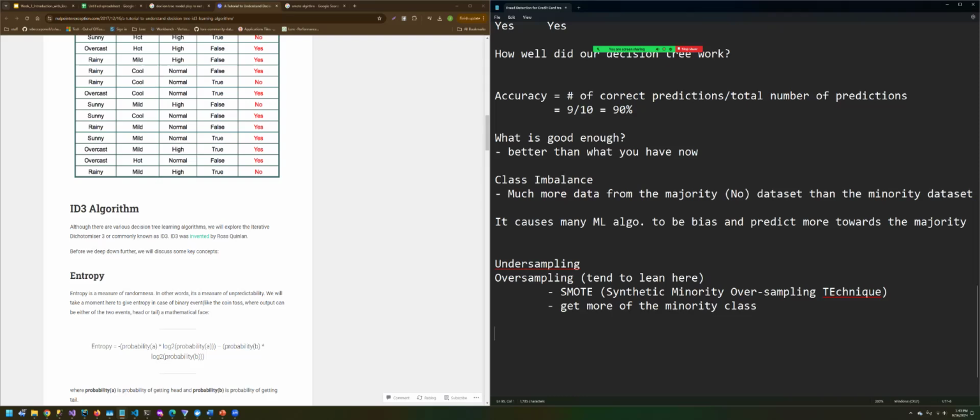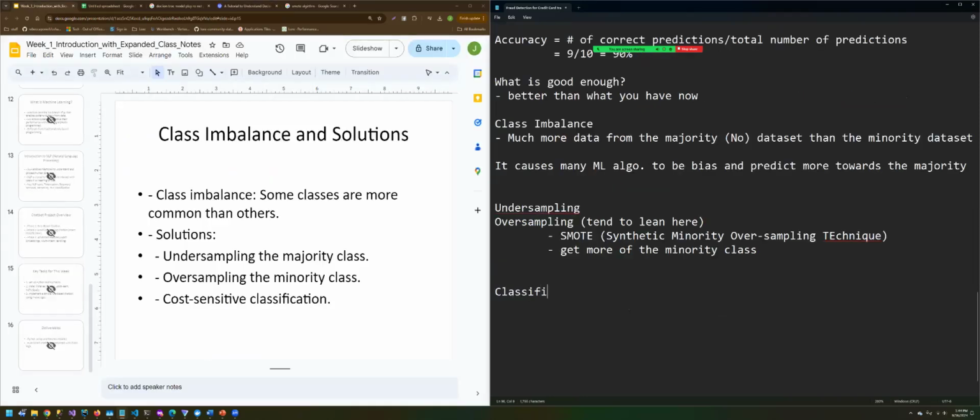So there are some ways to handle the class imbalance problem with oversampling. In this class, we're going to look at classification, but since the rage and everybody's focus is on chatbots, we're going to look at classification as it applies to chat-based systems.